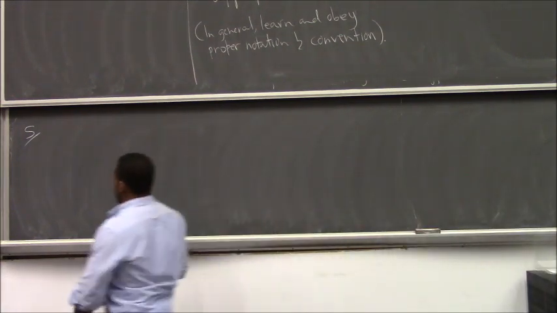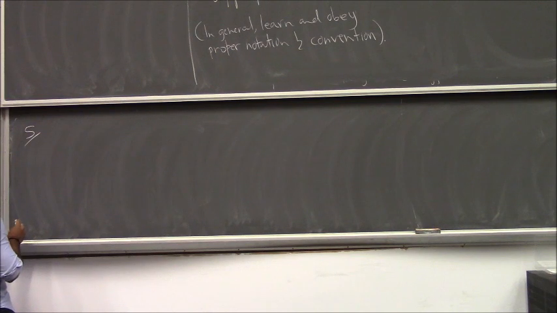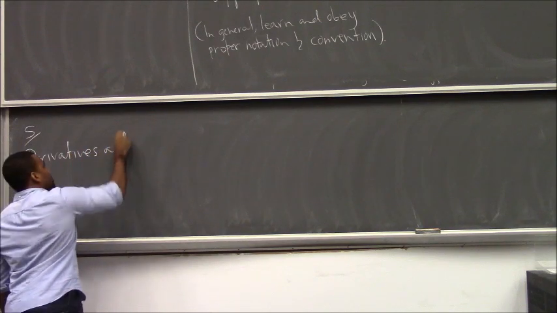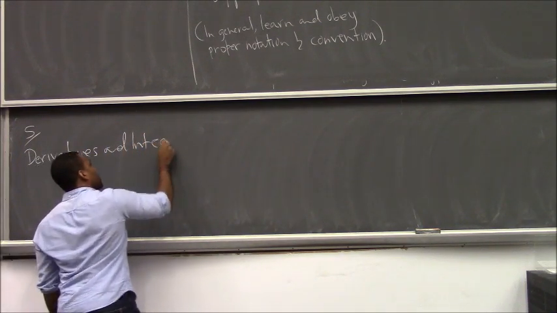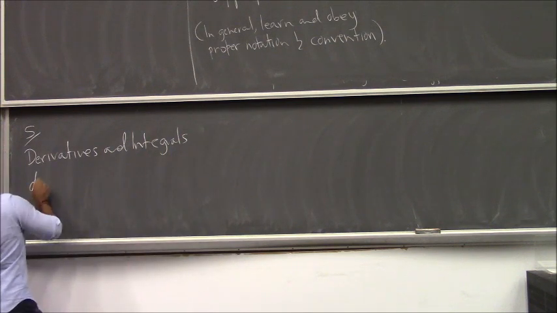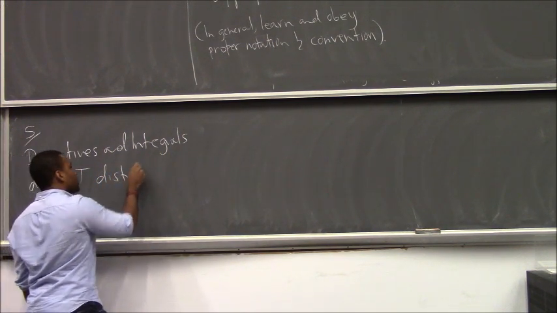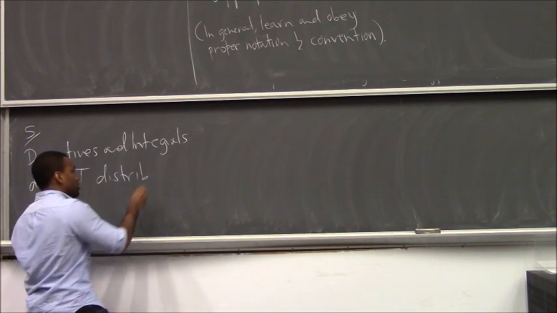A little bit higher is that you should remember that derivatives and integrals do not distribute across products. You need the product rule or something like integration by parts or substitution.